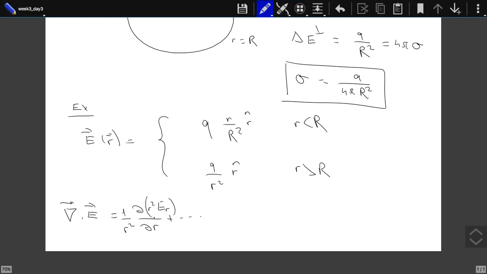The second term, Q over r squared in the radial direction, gives me 0. When we multiply by r squared, it just becomes a constant, and taking the derivative, it is 0. So it is 0 if r is larger than R. Inside our sphere, the field is just proportional to r. If you multiply by r squared, that becomes r cubed. Taking the derivative gives 3r squared, which cancels with this 1 over r squared, so it is 3Q over R cubed.